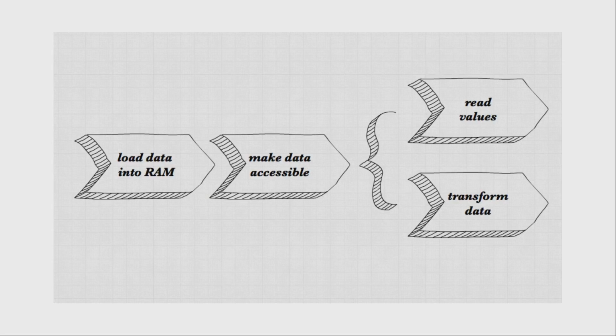Quite simple. Normally you load data into RAM and make it accessible. In the case of JSON, XML, and so forth, it means parsing, and then you can directly read values if you have a config, for example, or you transform data if you have game player state. In the case of FlatBuffers, this step is zero cost.